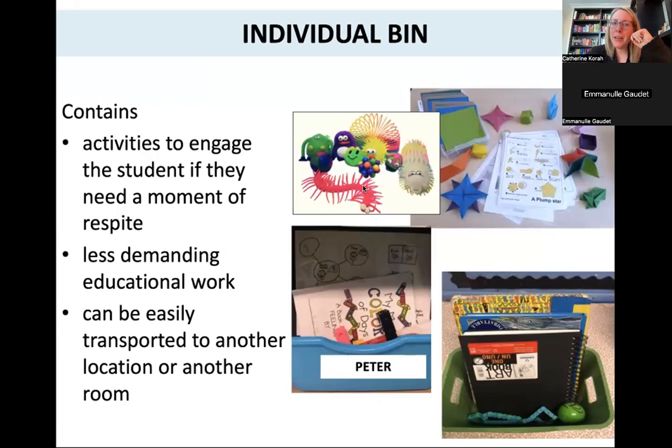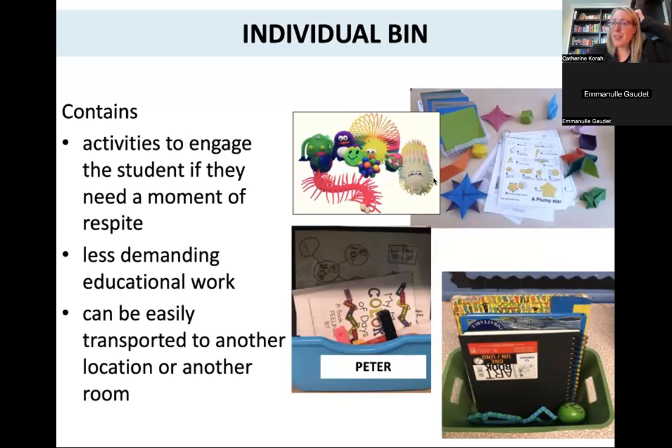And in that bin, they will have a variety of different tools to help them manage their emotions, whether it is different fidgets, journaling for older students, storybooks, cards on emotions, origami or mandalas, and all sorts of different activities.